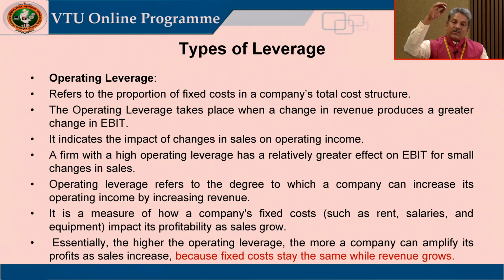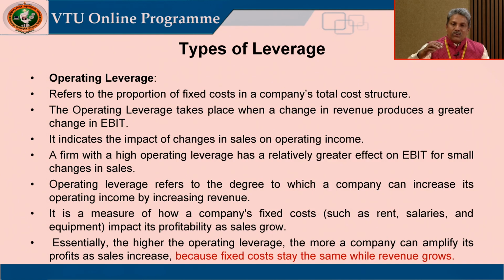But if you are able to sell 100 units per day, then there is an increase in revenue, and thereby a higher percentage increase in operating profit or EBIT. Why? Because maybe 25 units are sold for 50,000 rupees.